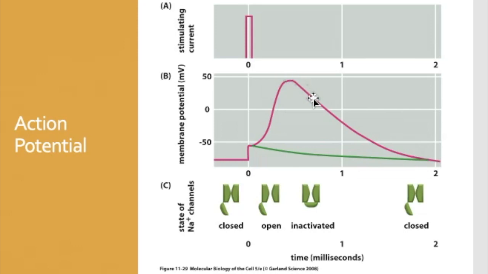That's repolarization. Remember, the potassium channels stay open past resting membrane potential. Now we're into hyperpolarization, all the way down to minus 75 millivolts when the potassium channels close.